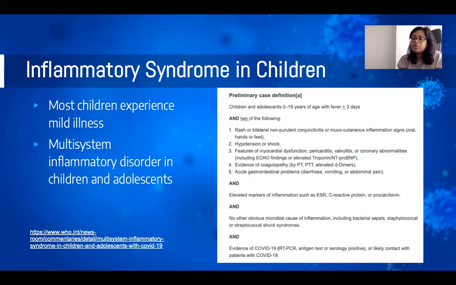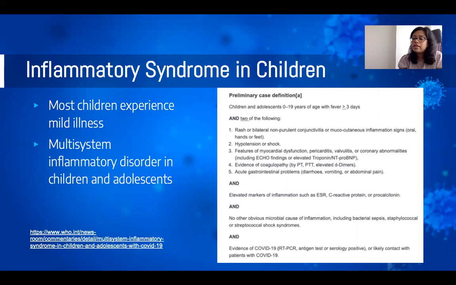As you can probably remember from medical school, Kawasaki's is characterized by a medium vessel vasculitis, particularly affecting the coronaries, and mucocutaneous symptoms like strawberry tongue, fevers, rashes, and swollen cervical lymph nodes.